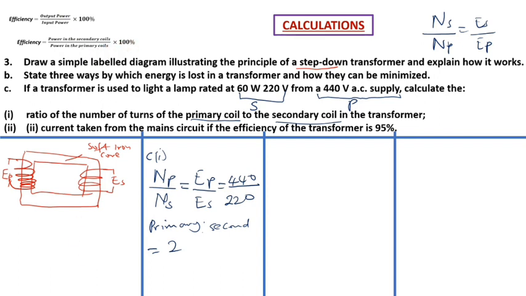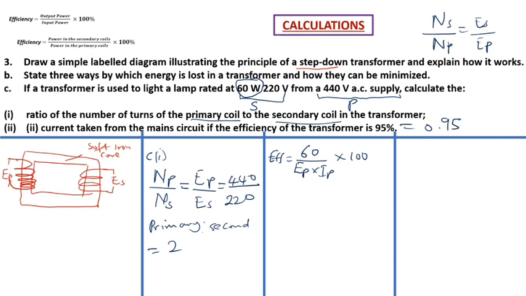So in this case, the efficiency would be the power in the secondary coil, we're given the power output in the secondary coil as 60 watts, over the power in the primary coil, which would be the voltage EP times IP times 100%. So 95% is simply 0.95.